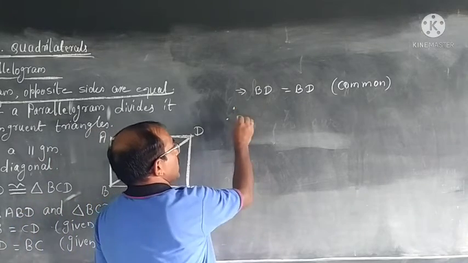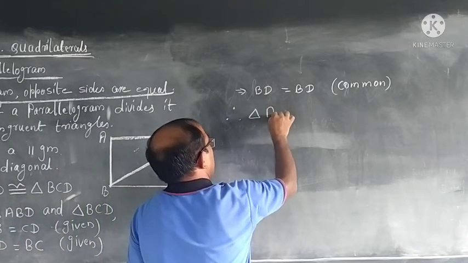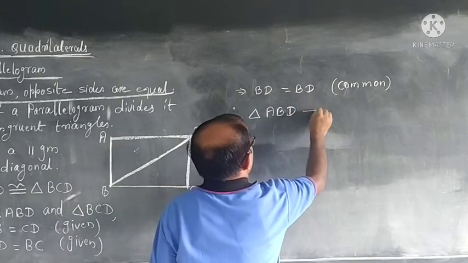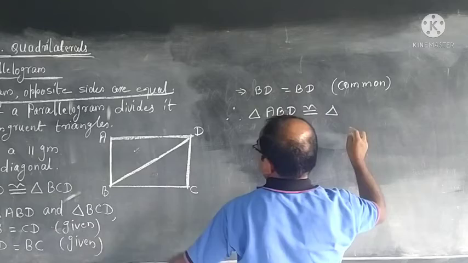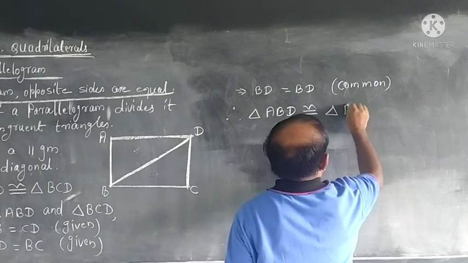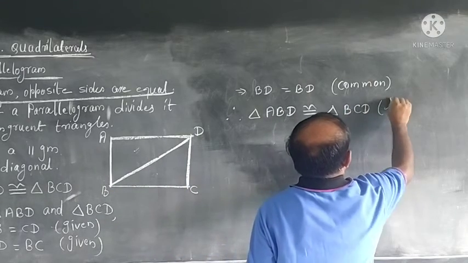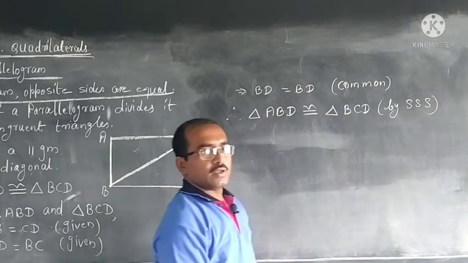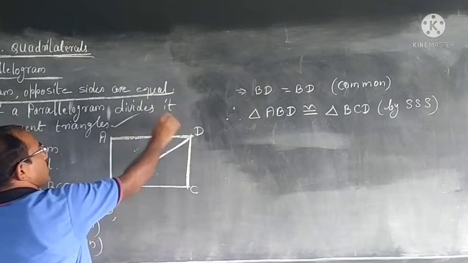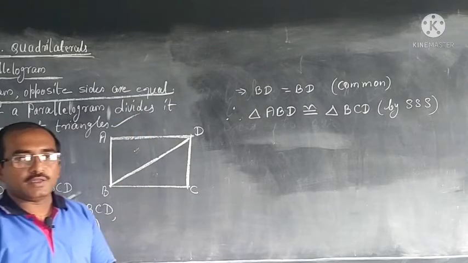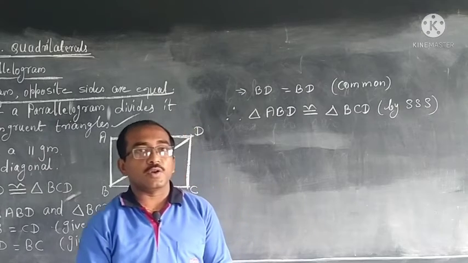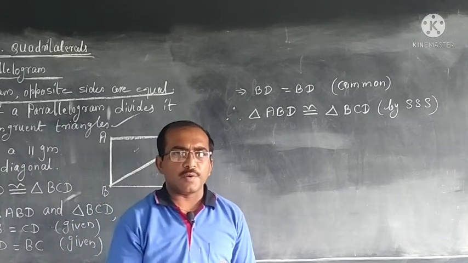So, we are able to say triangle ABD is congruent to triangle BCD. What is that congruence condition? By SSS congruence condition. And really this is true. When a diagonal is drawn in a parallelogram, it divides the parallelogram into two congruent triangles. I hope you have understood.